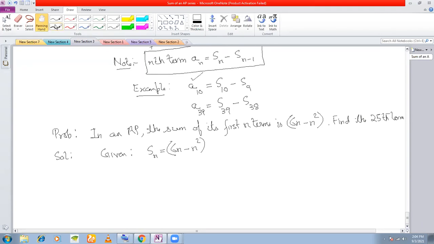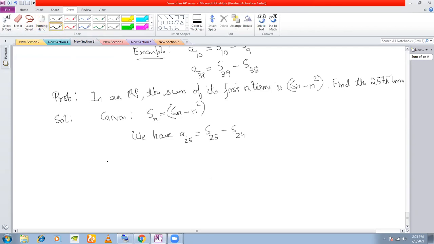So if you apply the above relation here, an is equal to Sn minus Sn minus 1, we want to find A25, right? So A25 in terms of the sum will be S25 minus S24. If you know the sum of the first 25 terms, and the sum of the first 24 terms, you can find the 25th term.